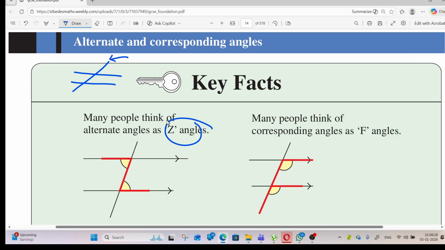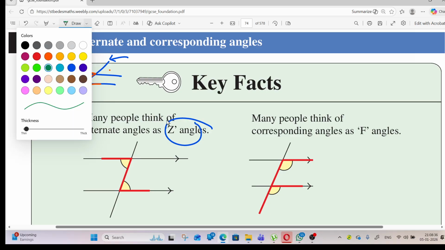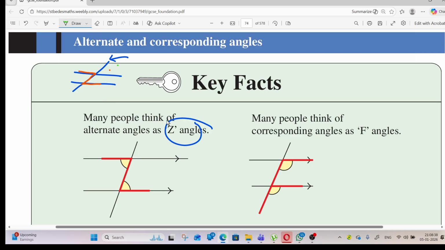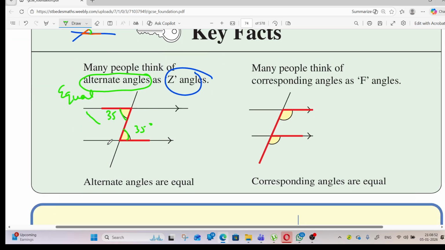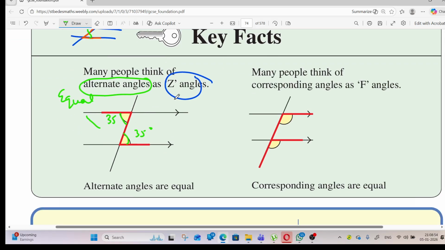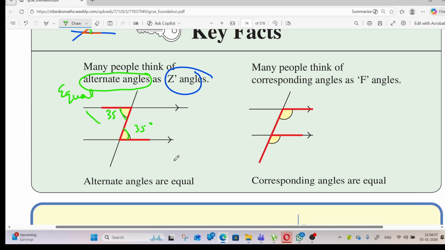Now if you notice, this is forming a Z, right? So this angle and this angle are called alternate angles, and they are equal. Suppose this is 35, so this is also going to be 35. So alternate angles look like Z angles and they are equal.